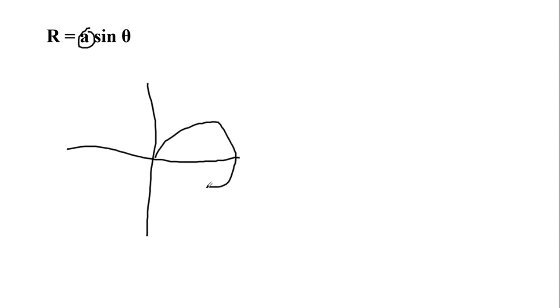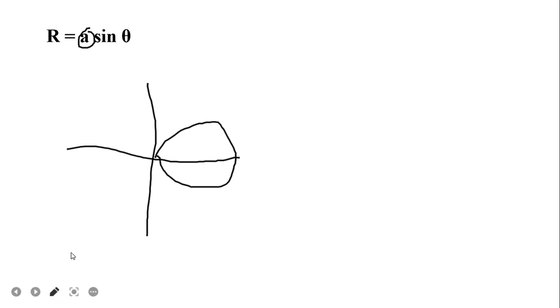As you can see here, our a is positive. So always remember that if our a is positive, the circle will be, let's consider it a straight line, our circle rather will be on the right side. So here it is.